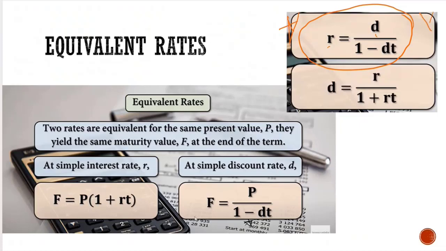I am not going to go through how it is derived. What is important is that you take this formula and run with it. We are going to be using this formula for equivalent rates, simple interest and discount.